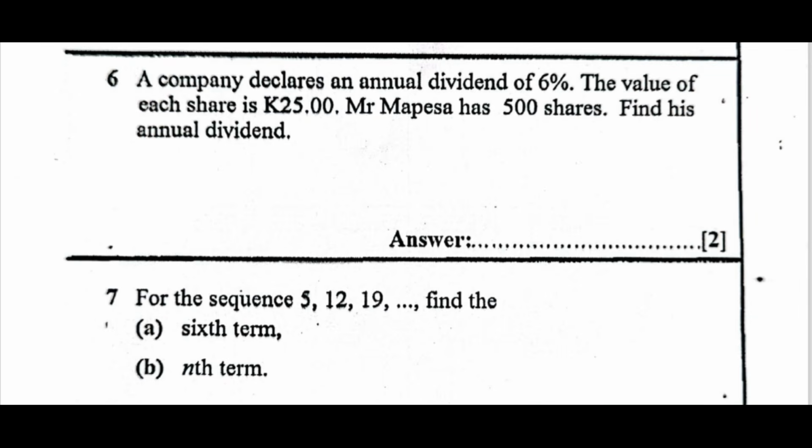So the formula will say total annual dividend is equal to number of shares times the percentage rate over 100, times the amount of value per share. So we'll say NV.